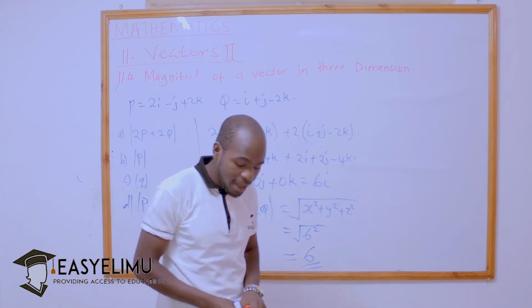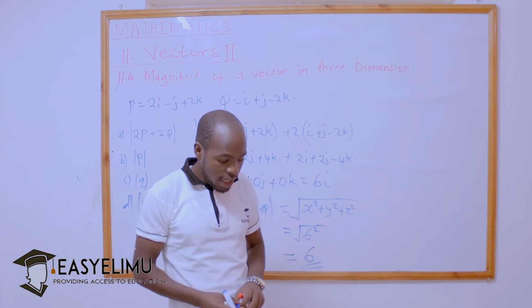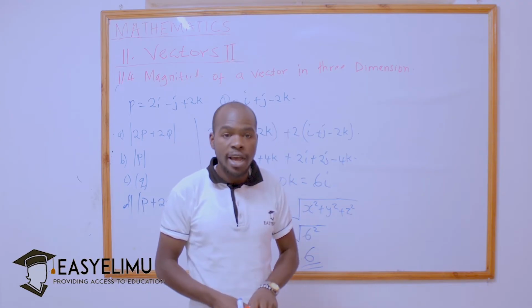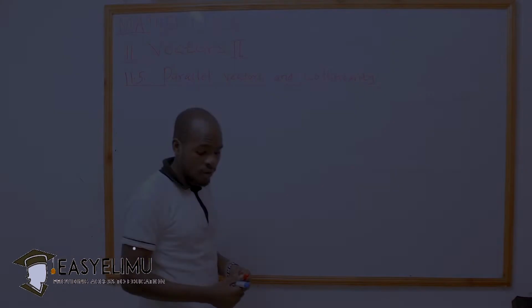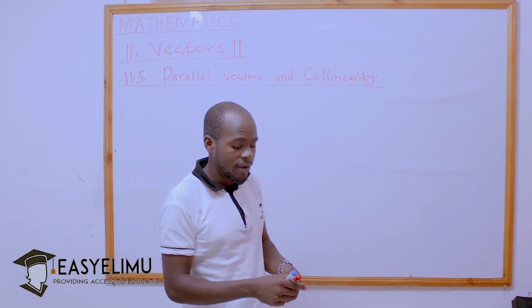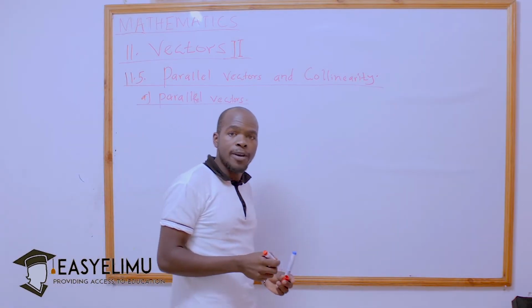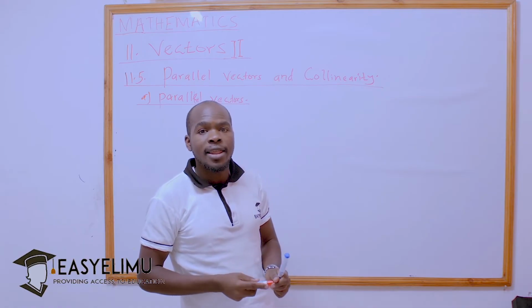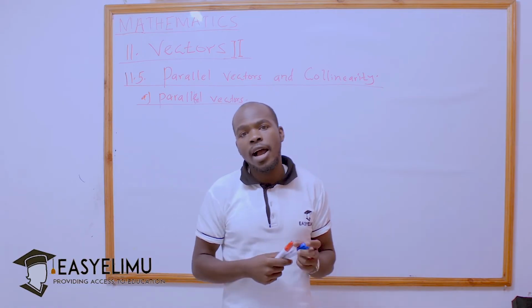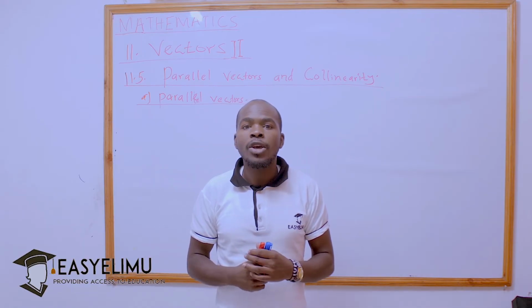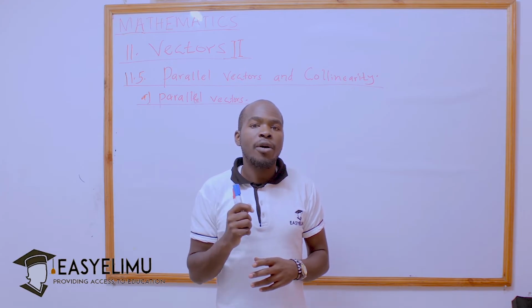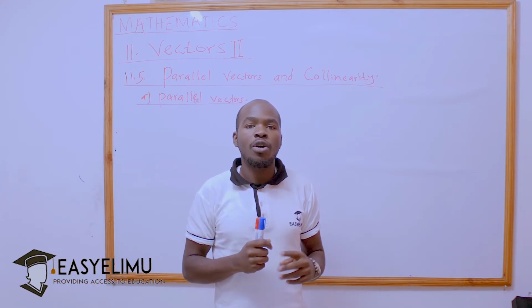Next we are going to see parallel vectors and also collinearity of vectors. So there we shall start with the parallel vectors. We will understand that if 2 vectors are parallel, then one must be a scalar multiple of the other.